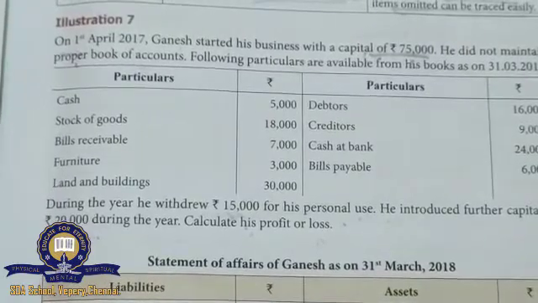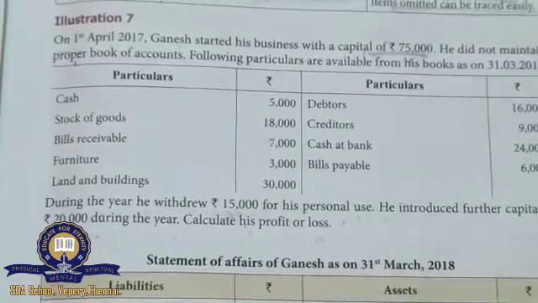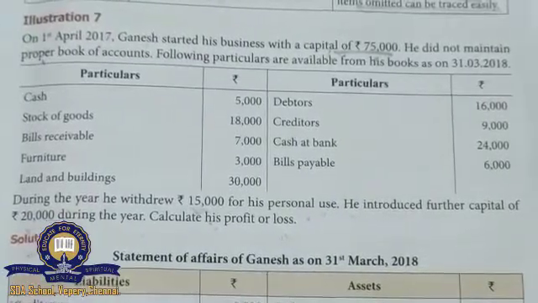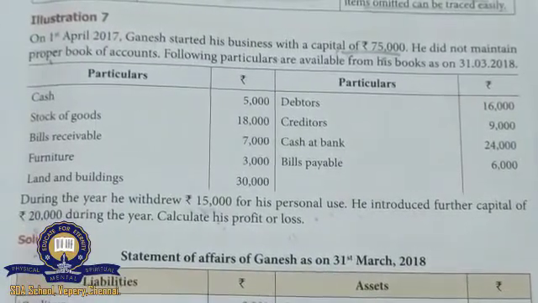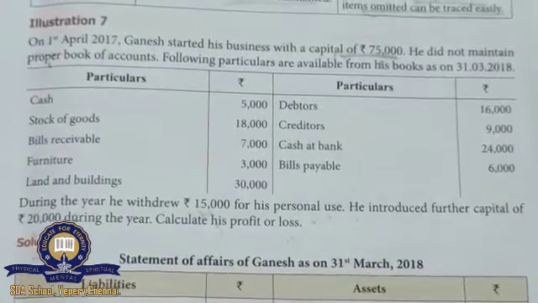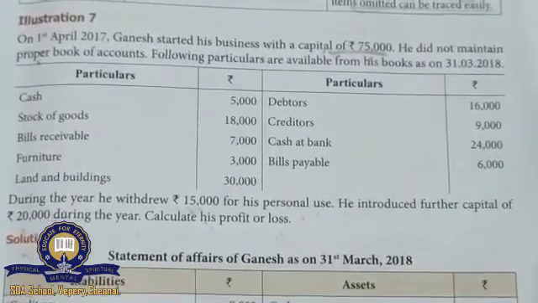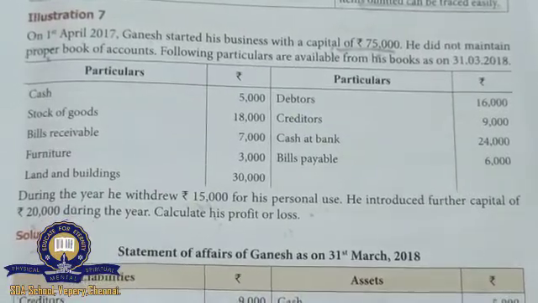On the 1st April 2017, Ganesh started his business with a capital rupees 75,000. He did not maintain a proper book of accounts. Following particulars are available from his book as on 31st March 2018.